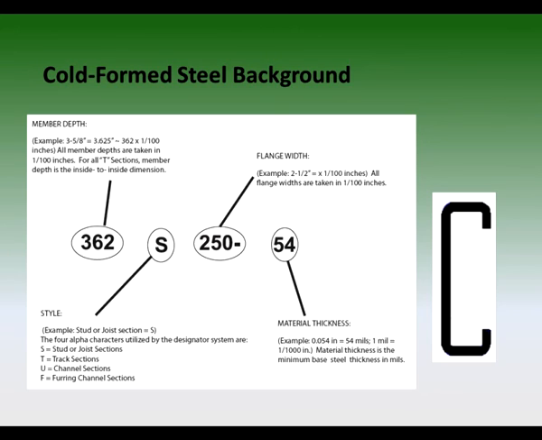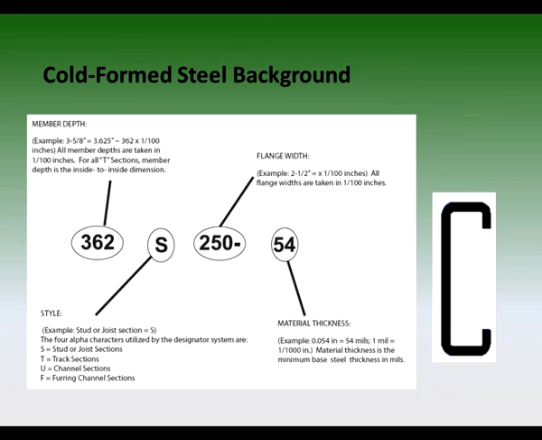Therefore, a 3 5/8 inch stud is called out as 362. The second defines the application of the member. There are basically four profiles that make up the cold-formed steel line. They are S, which is stud or joist, T, which is track, U, which is channels, and finally F, which is furring. Some manufacturers also produce L-header members.